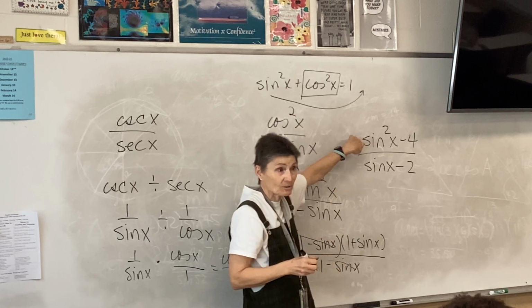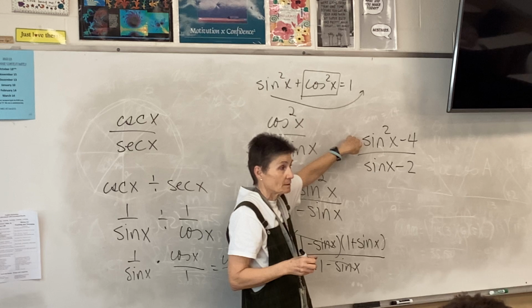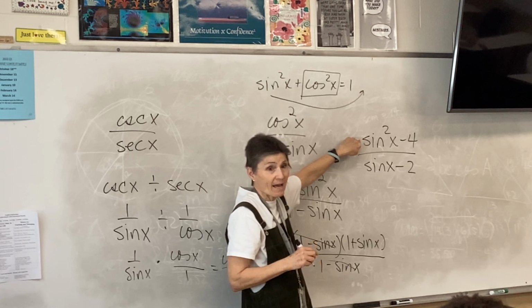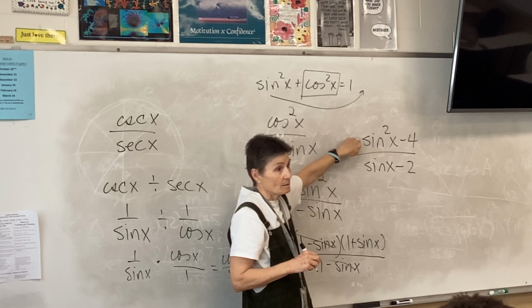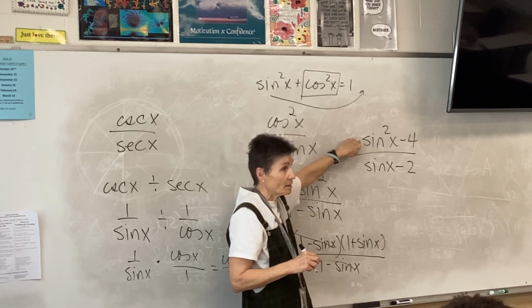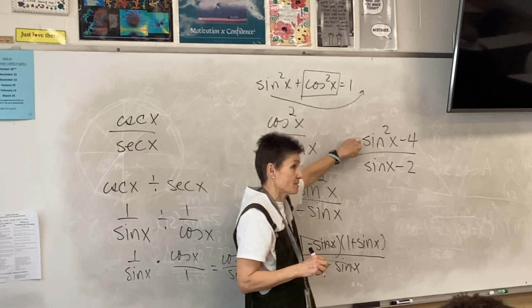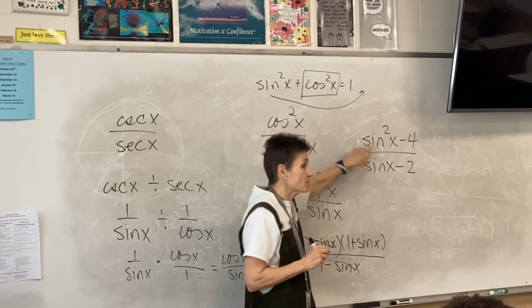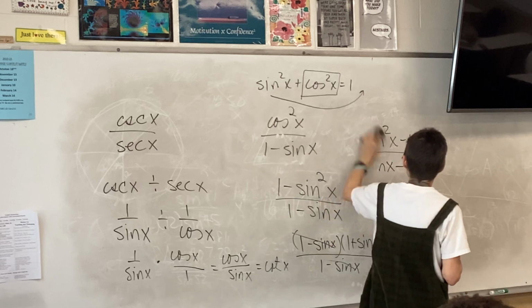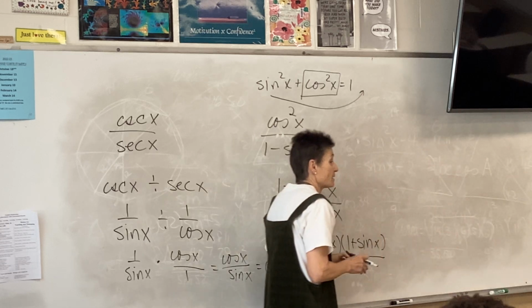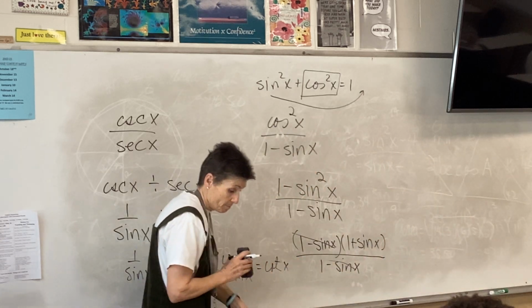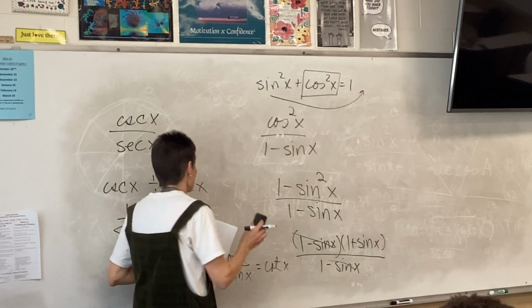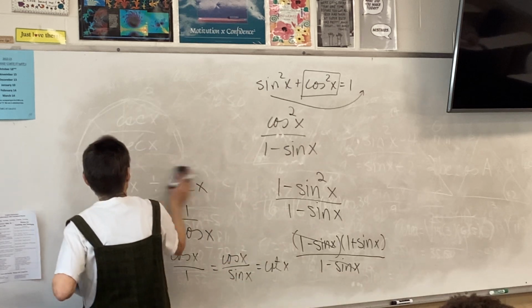With that top, factor, it's the difference of squares. How would that factor? Sine plus 2, sine minus 2. Yep. Then you can cancel. But please don't cancel when there are adds and subtracts in the problem. Be sure that you factor first.